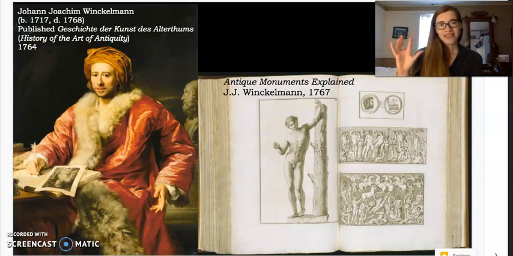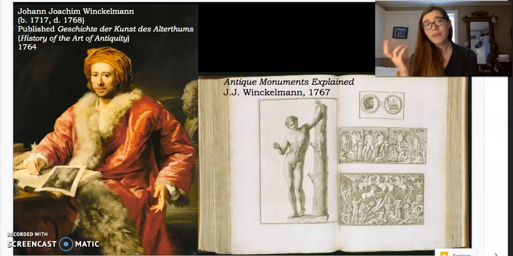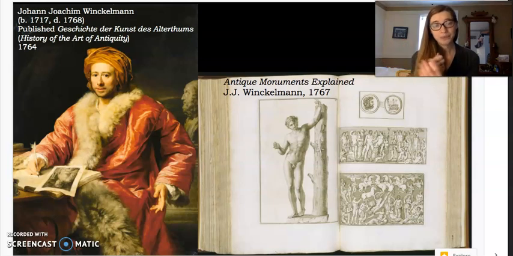So Winckelmann doesn't just interpret, look at, and try to understand the art of the ancient world. He also, to some extent, idolizes it and approaches it in a way that sets up some of the problems in the art historical approach to the classical world that we discussed early on in the semester, and that last a very long time.